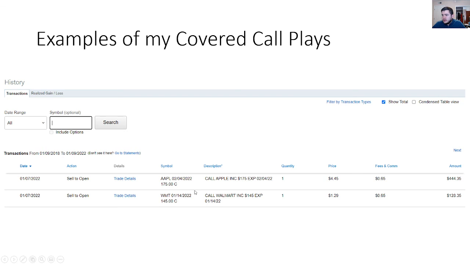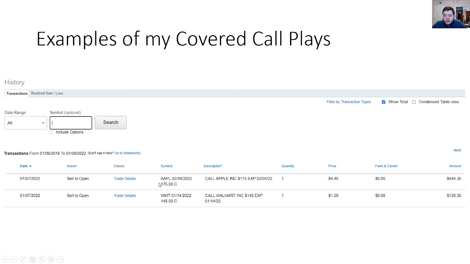All right. Let's see. Oh, right. So most recently, might as well show you what I did most recently: I wrote covered call options for Walmart and Apple again. This Apple one expires February 4th, for a strike price of $175, and I made $4.45 per share on it.